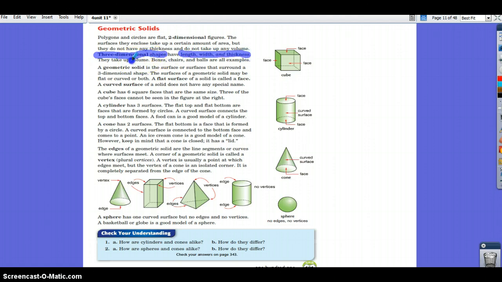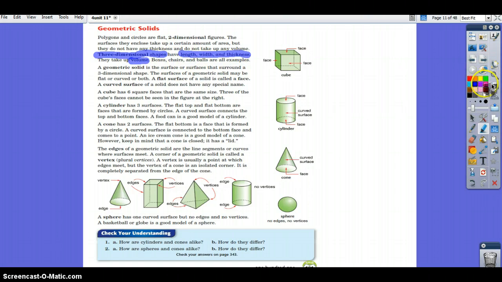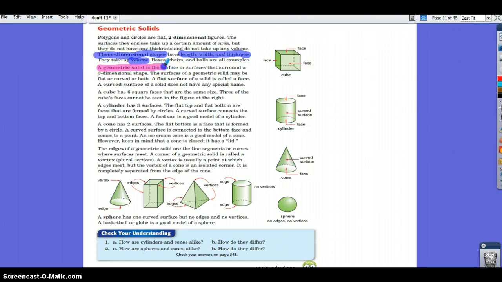They take up volume. Boxes, chairs, and balls are all examples. A geometric solid is the surface or surfaces that surround a three-dimensional shape. The surface of a geometric solid may be flat or curved or both.